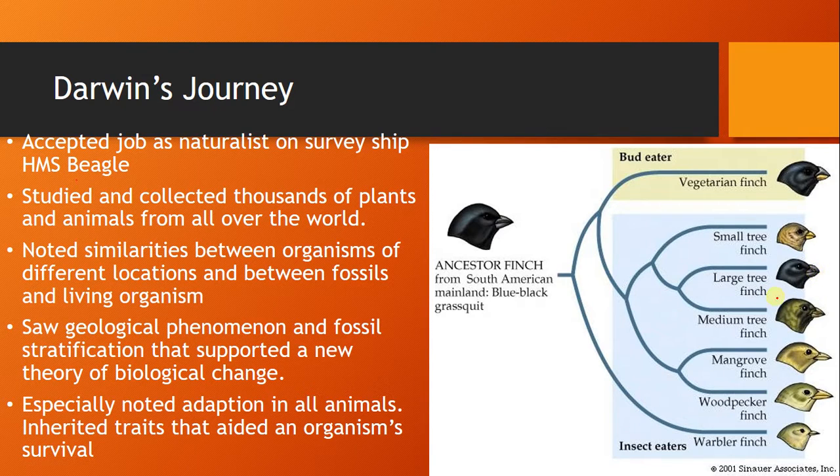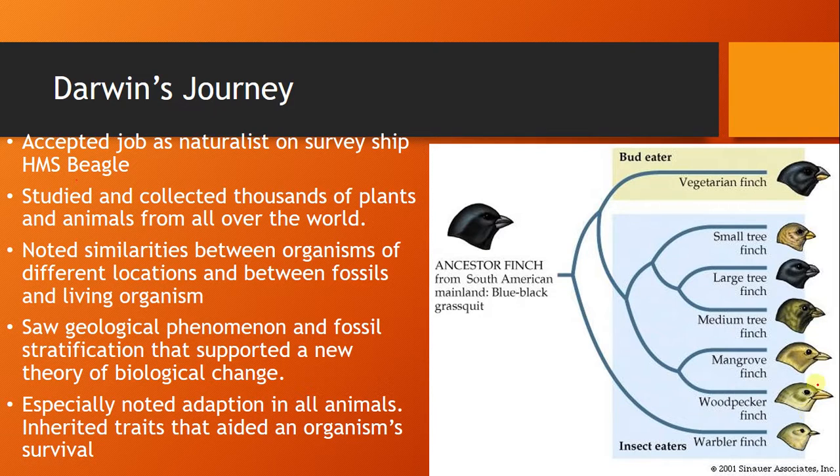And these differences were related to what island the finches were on. So each of these different finch species were found on a different island, and he noticed how similar they were.